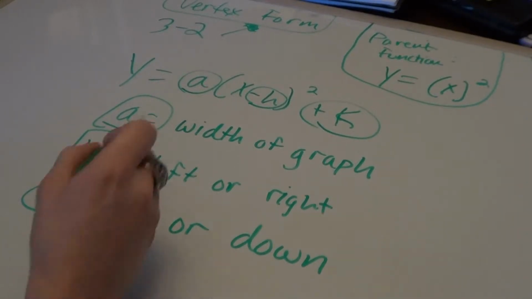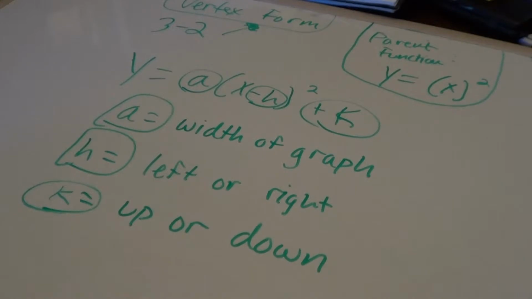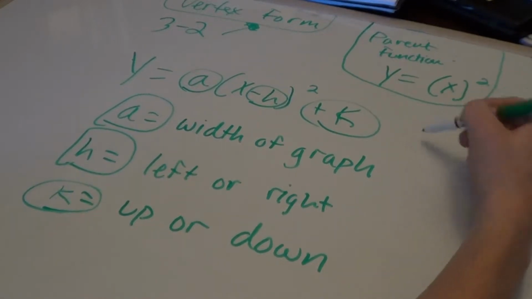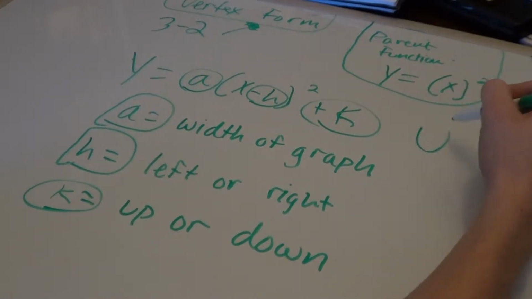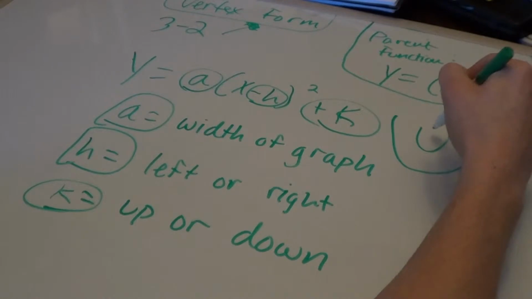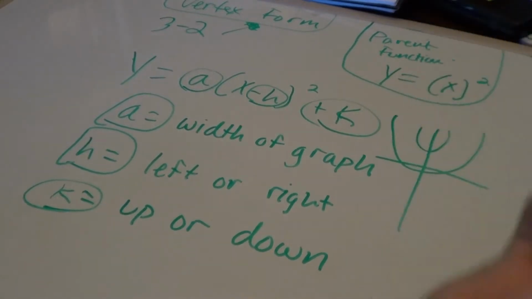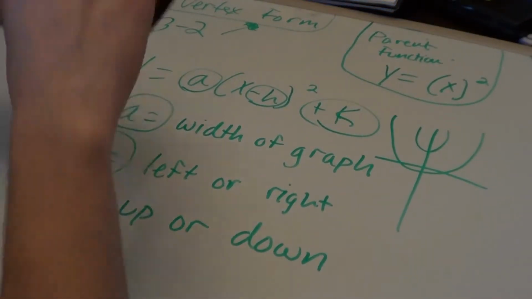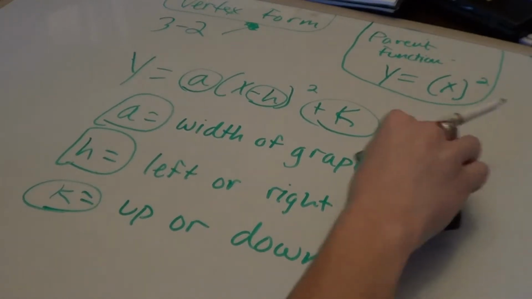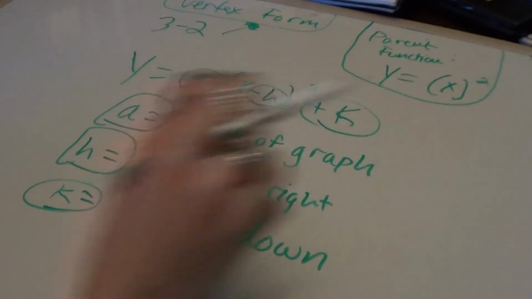The a controls the width of the graph, whether it be a narrow graph or a wide graph. So it would either look something like this or something like this. So that explains the a.